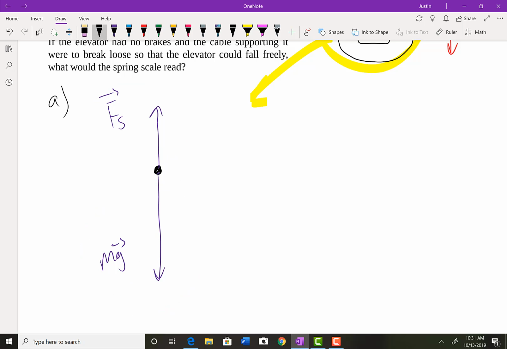Okay, now I can go into the second law. That's going to be F net equals ma. My net force is just the spring force pulling up minus mg pulling down equals, I do have an acceleration this time, so it's going to be the mass times the acceleration. And now I'm trying to get the mass, so I'm going to isolate the mass. First thing I'm going to do is add mg to both sides.